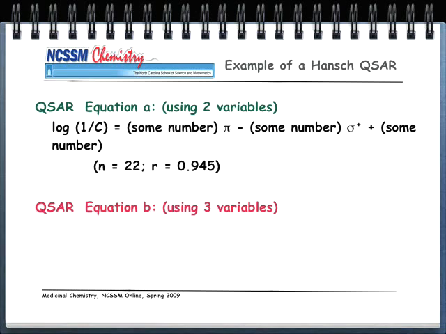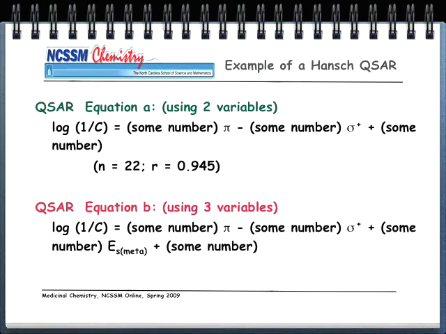If I use all three variables, now I'm using the lipophilicity or the pi value, the Hammett constant, the sigma value, and the Taft steric hindrance value, the E sub S. So I have to come up with three different numbers as my coefficients, plus the fourth regular coefficient.